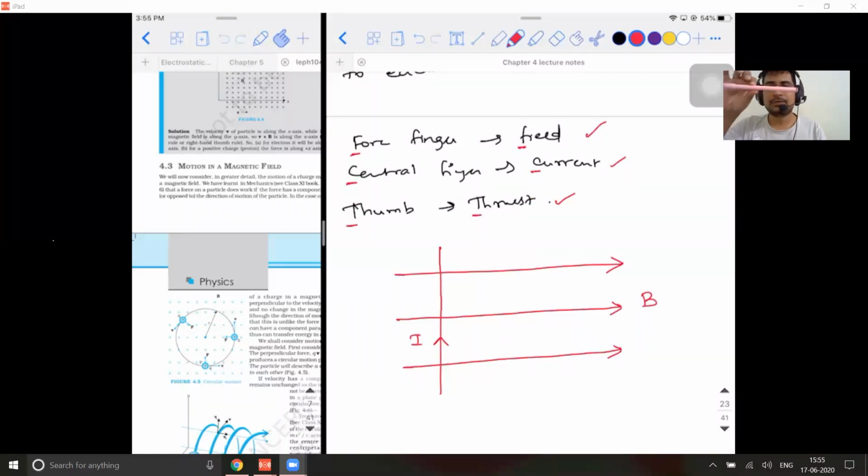If this is the direction of field and this is the direction of current, what are the known parameters in this question? You know the direction of field, you know the direction of current, right? Which finger represents the direction of field? It is the forefinger. So don't extend all the three fingers simultaneously. And remember one more thing, the central finger should be inward, don't put it outward, don't put it in the reverse direction.